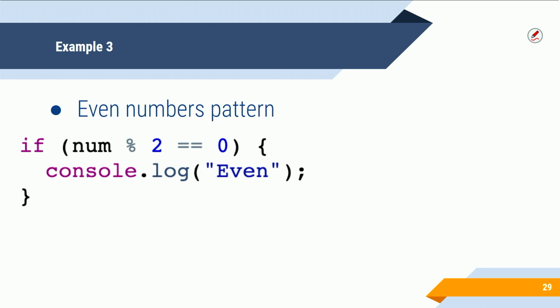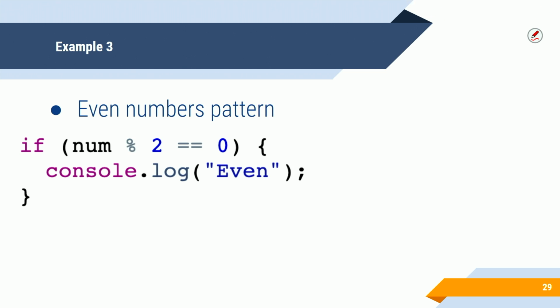So for any even number divided by 2, the remainder is always going to be 0. And so that's why we compare this to 0 over here. Again, think of 4 divided by 2, the remainder of that is 0, so that's true, and therefore we know that that number is even.